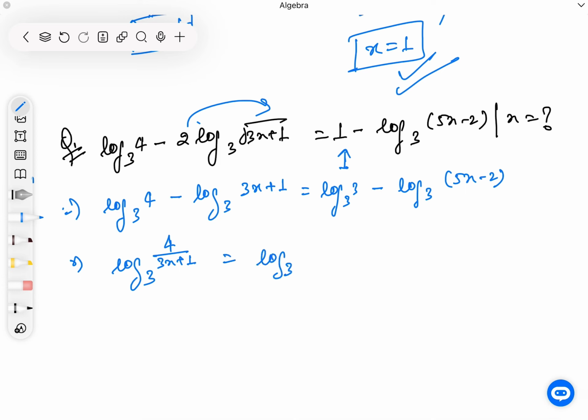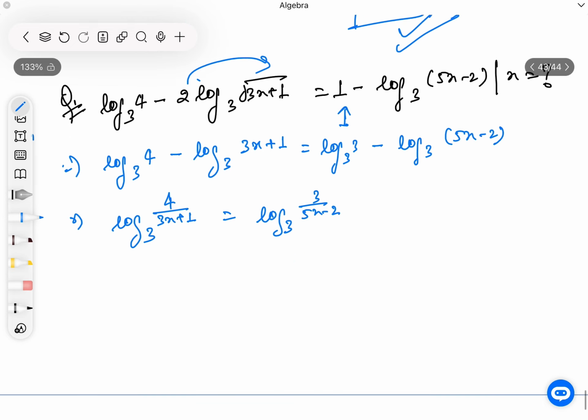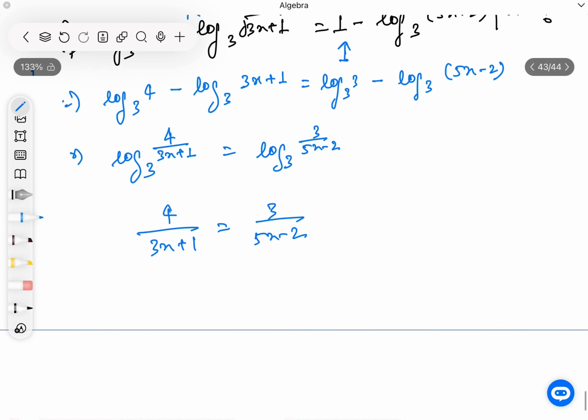So log 3 upon 5x − 2. We can write it like this: 3 upon 5x − 2. Just cross multiply. 20x − 8 is 9x + 3, which is 11x = 11.